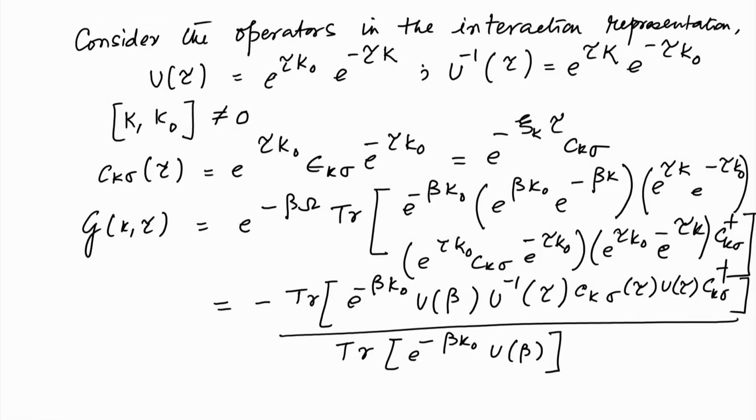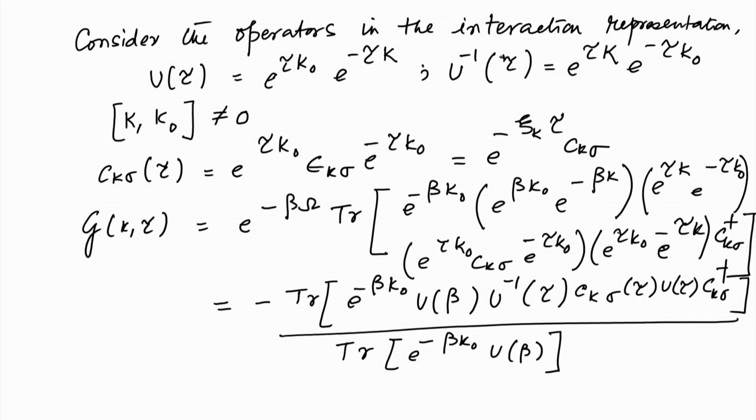So, we have the trace of exponential minus beta omega, that can be written as the trace of exponential minus beta K. Now, I will introduce the factors of exponential beta K_0 and exponential minus beta K_0.